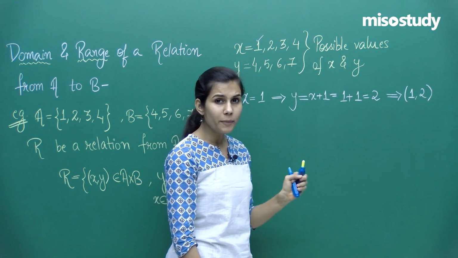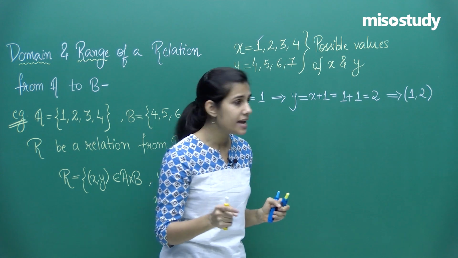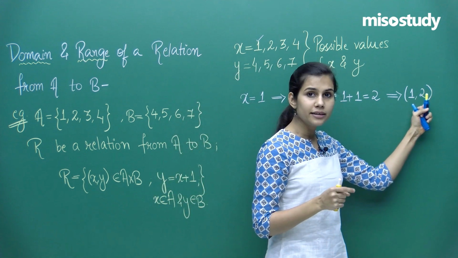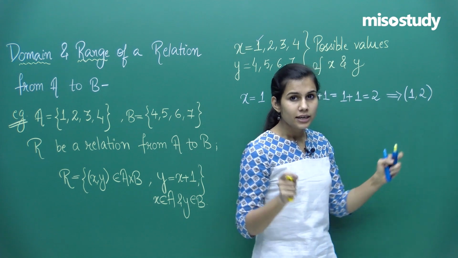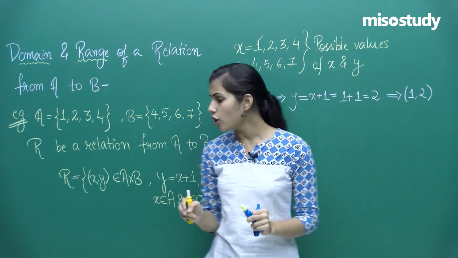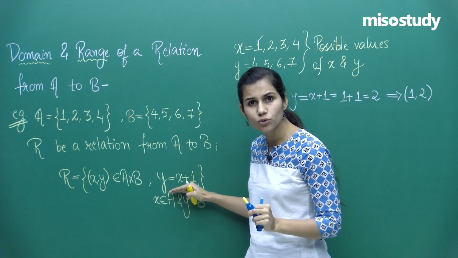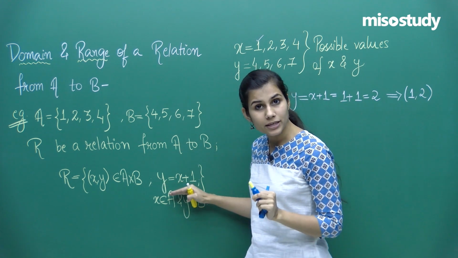Now this ordered pair (1, 2) is a pair wherein the second element is obtained by adding 1 to the first element. That means this ordered pair (1, 2) is satisfying this rule of Y equal to X plus 1.